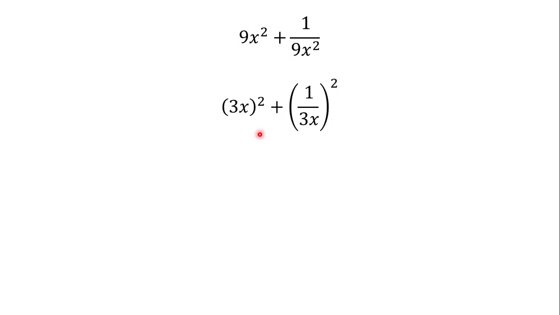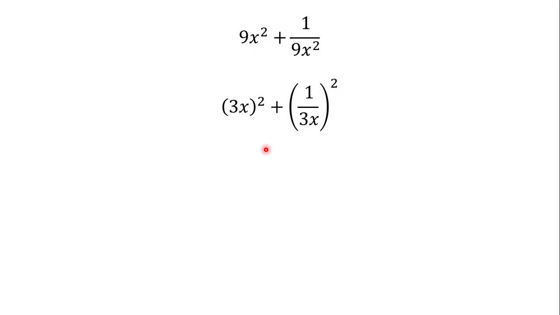But it is still not that easy for us to do. This one here is the same thing as this one. So to make this more easy for us to deal with, we are going to use what we call a symmetric function.